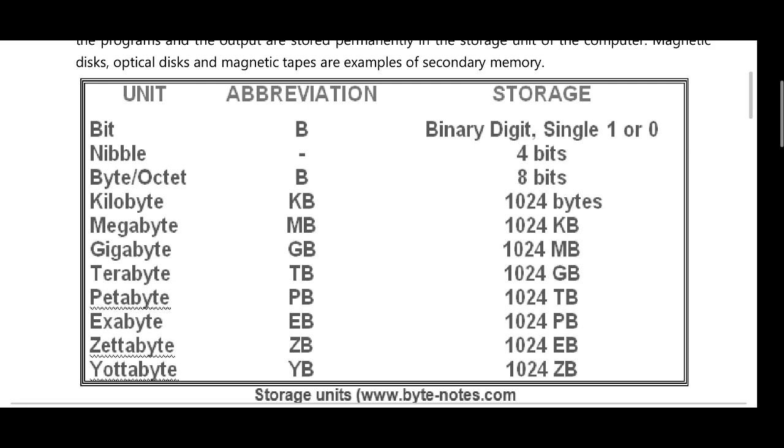terabyte TB is 1024 GB, petabyte PB is 1024 TB, exabyte EB is 1024 PB, zettabyte ZB is 1024 EB, and yottabyte is 1024 ZB.